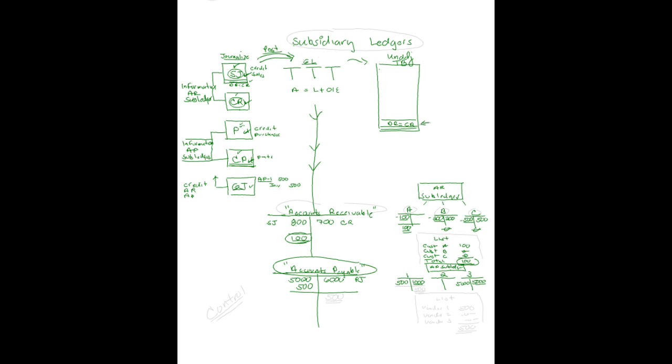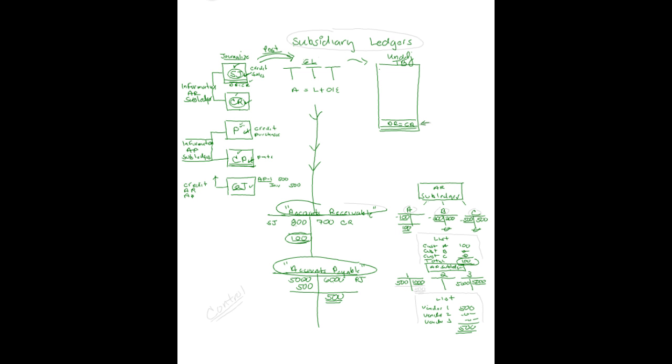There would now be a $500 credit balance in accounts payable, and when you made a list at the end of the month of your accounts payable, you would show vendor number 1 owed $500, vendor number 2 owed nothing, vendor number 3 owed nothing. The total liability should be $500, and that agrees with the accounts payable account.